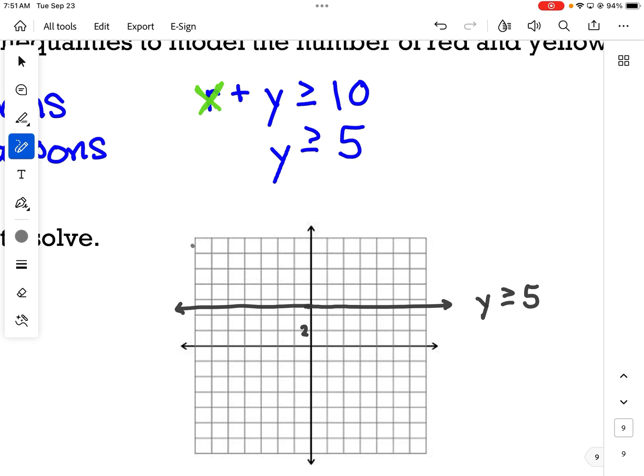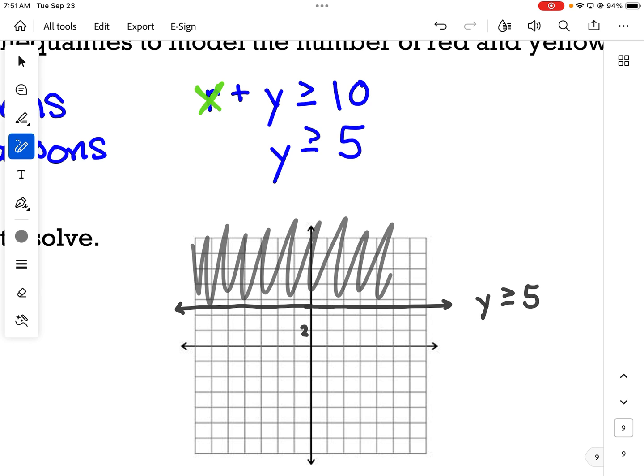Okay, so we want to shade that greater than, so greater than means above. So shade this above. Okay, we need to do the other one now.